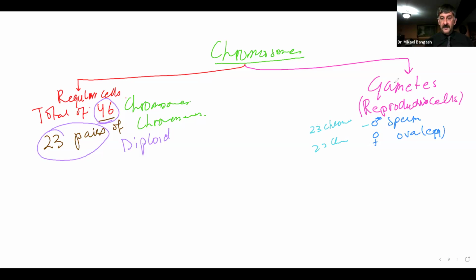So a sperm, which is the male gamete, only has 23 chromosomes. The egg or ova, which is the female gamete or the female reproductive cell, only has 23 chromosomes.